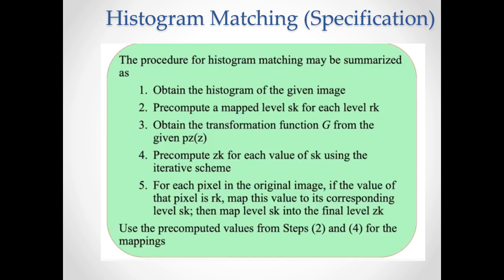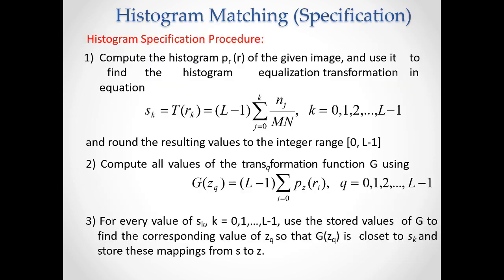To understand this graph, let us take a simplified example. Let us take a histogram of an image, and one more specified or reference histogram. These two histogram values should be mapped. If we perform histogram equalization on this transfer function, we will get a flat profile like this. Again, if we perform histogram equalization on this transfer function, we will get a flat profile like this.